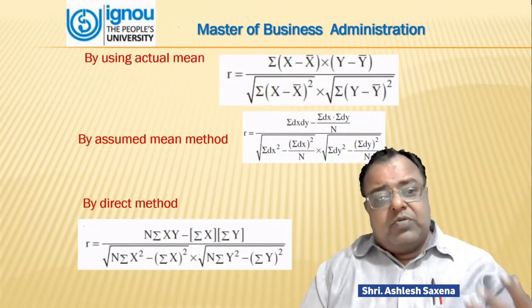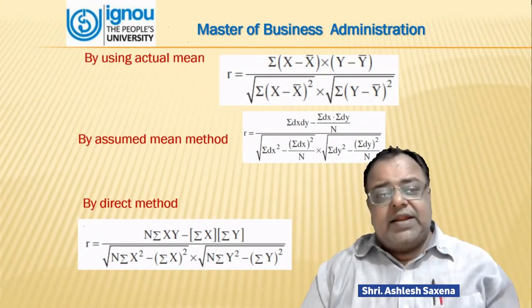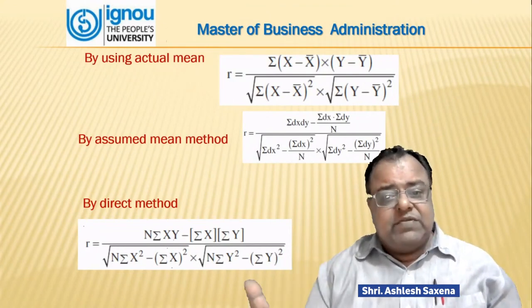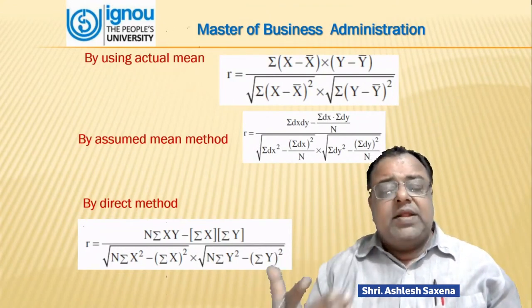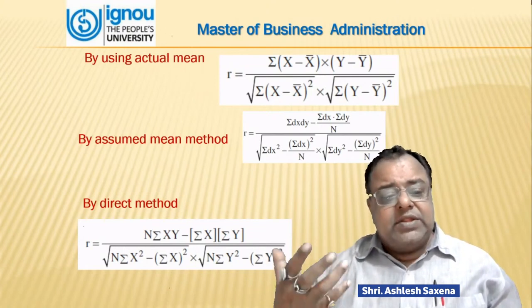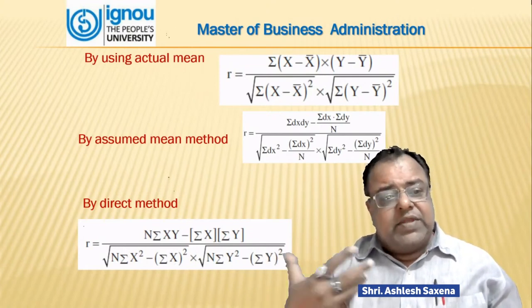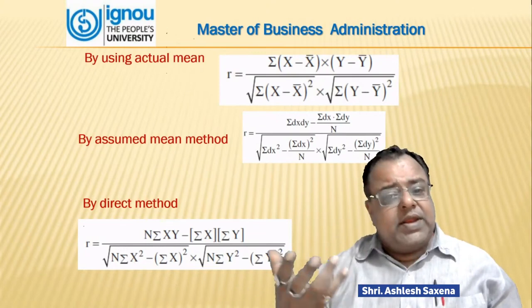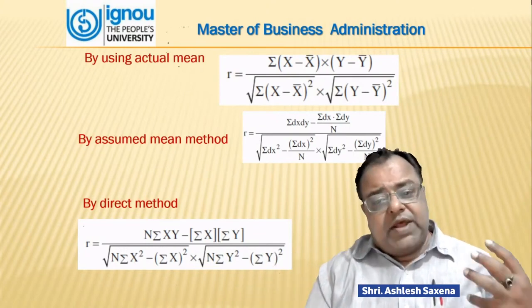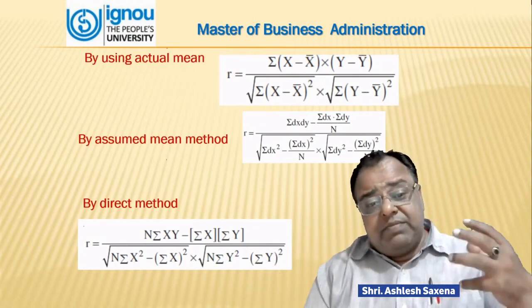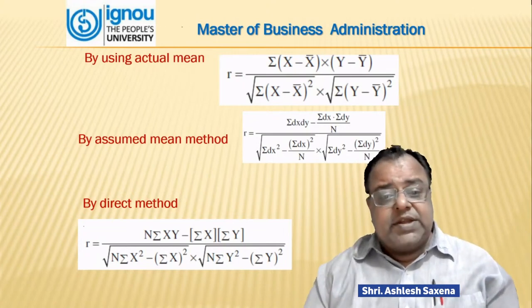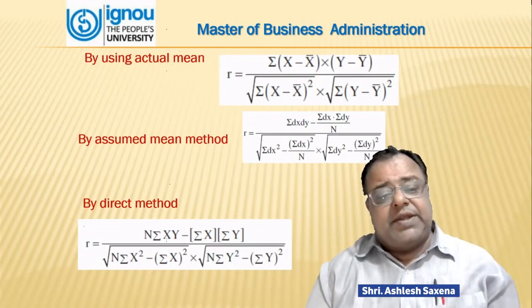Actually, how are these values calculated? Mathematically, we have the observations with us, and they are converted by using these three formulas. If we are using the actual mean, it is the first one. If we are using the assumed mean method, then the formula changes, but the context remains the same.